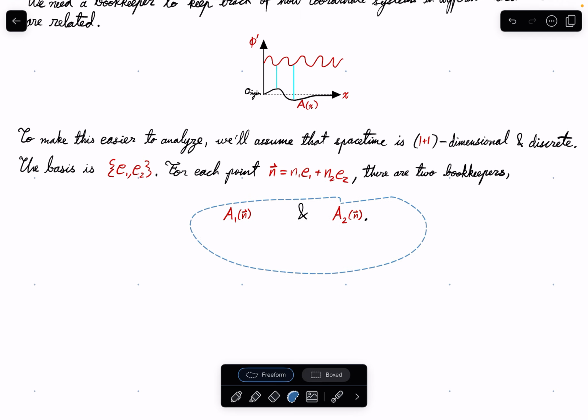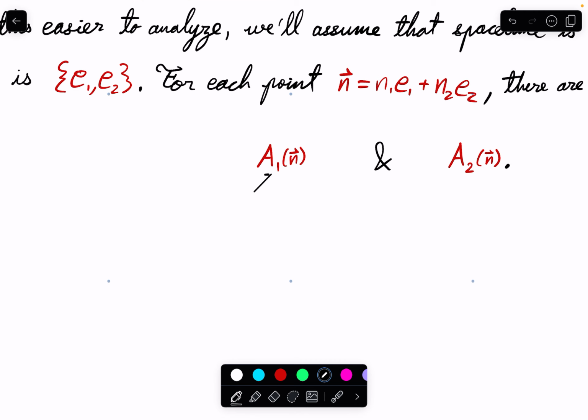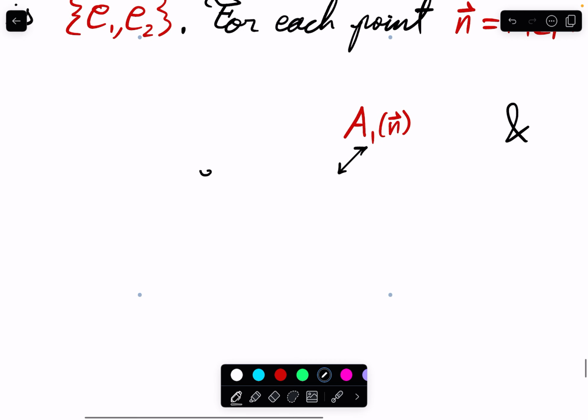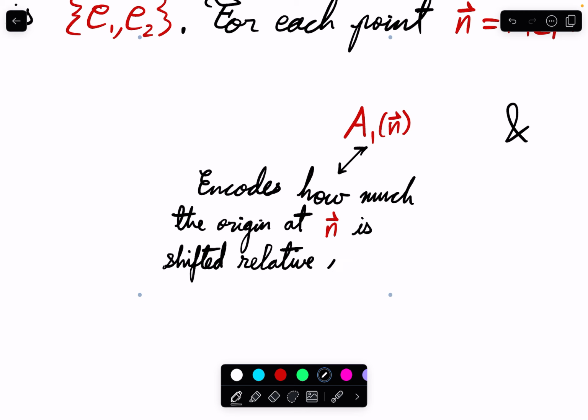So what are these different A's? This one encodes how much the origin at n is shifted relative to the origin at n plus e1.